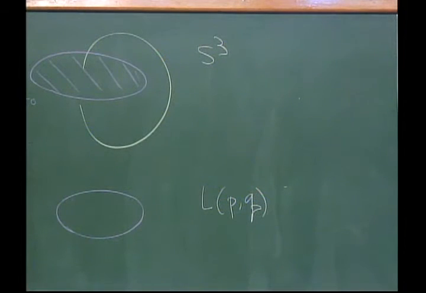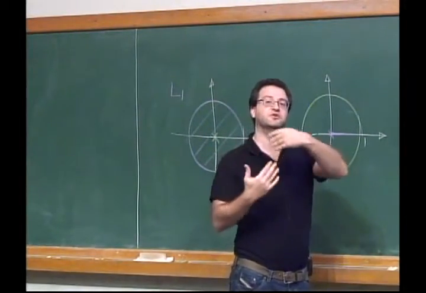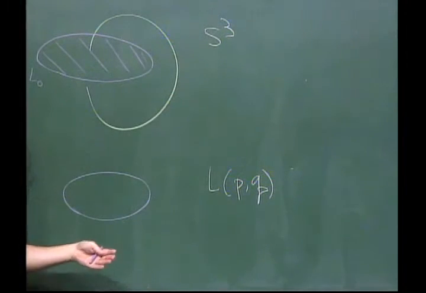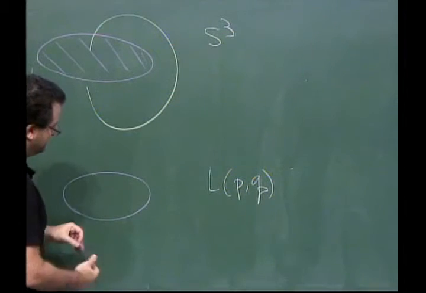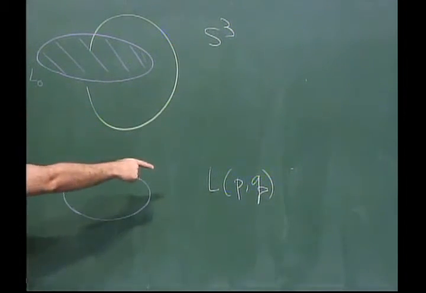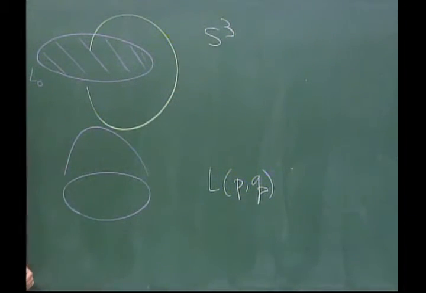But that disk is a little bit different because the interior of this disk will not be multi-covered. It projects as an embedded disk downstairs. So it's a little bit more difficult to draw here, but there is an embedded disk inside L(P,Q). But the boundary of this disk covers P times the projection of this knot downstairs.